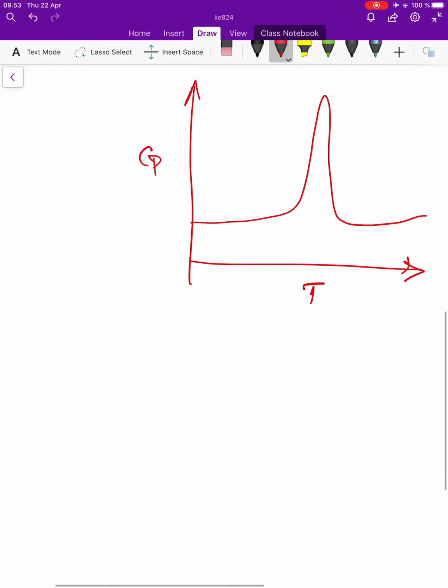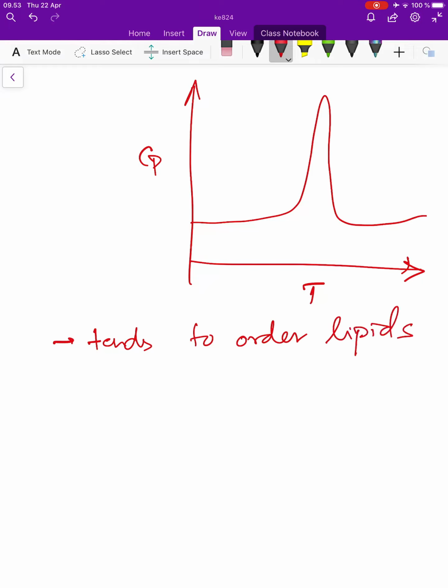Let's say you have a molecule which tends to order lipid membranes. This could be, for example, a calcium cation which can cross-link two lipids, especially negatively charged lipids, and therefore order lipids.